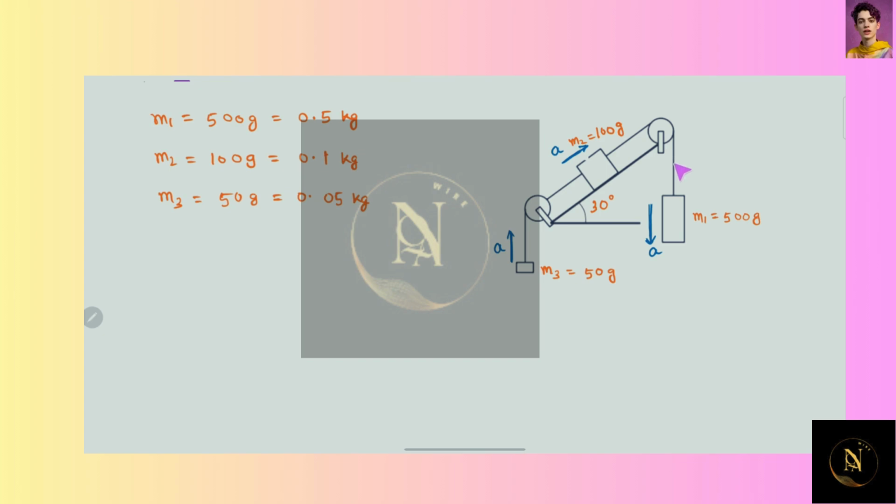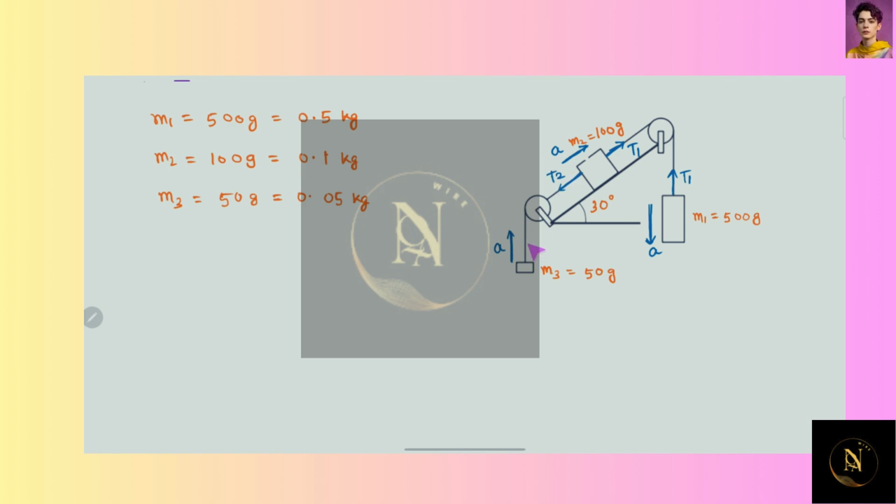Let's say this is my first string, so the tension force on this string is T1. Then on the second block M2 also the tension force will be T1 in the upper direction. There is one more string connecting the second block and the third block. On the second block, let's say the tension force by the second string is T2, that will be away from the block, acting towards the left.